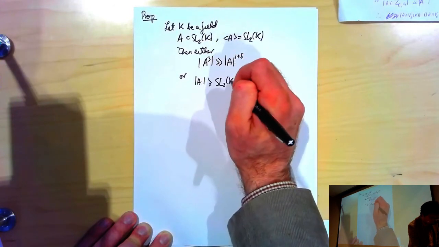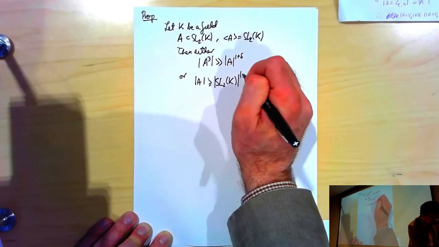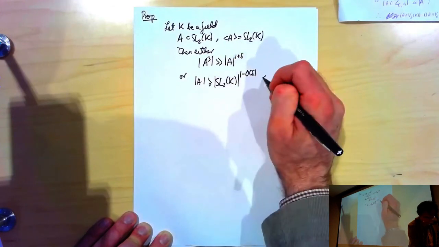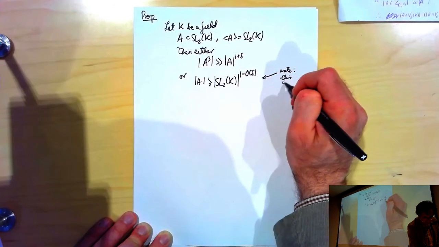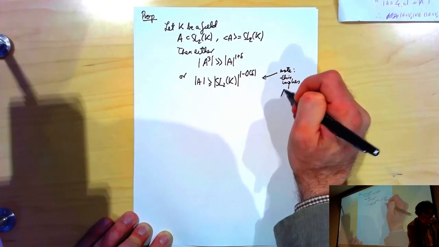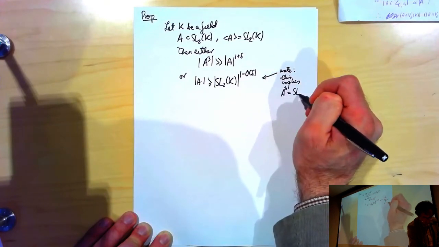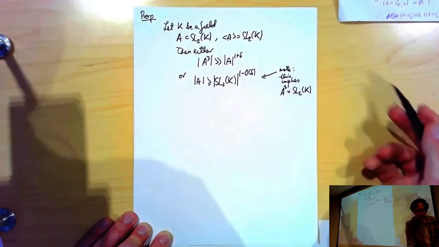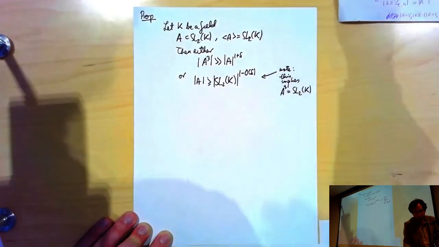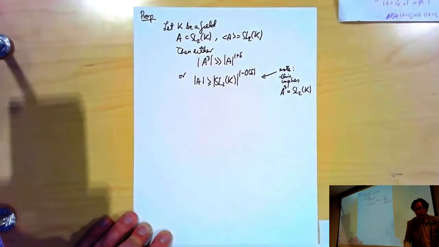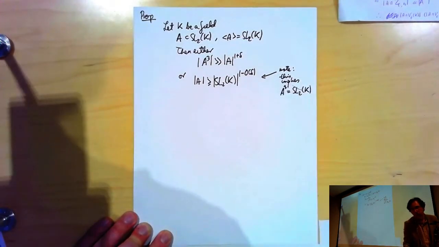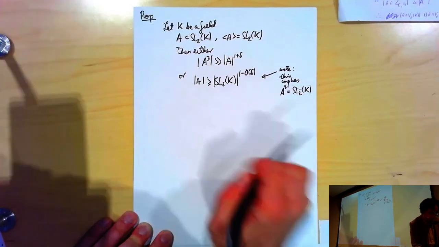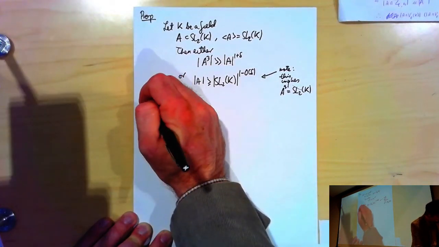So when you have that A is this big, this means that A cubed is already the entire group. Back in the day, in 2005, I had A to the 10 or what have you, and I did it with my bare hands, but there's a rather elegant way to get this implication. We will do it at the end if there is time, or at least I will sketch it for you. So how do you prove this?